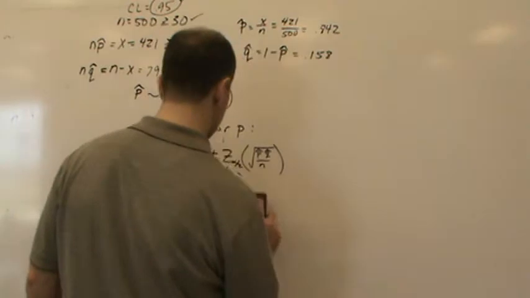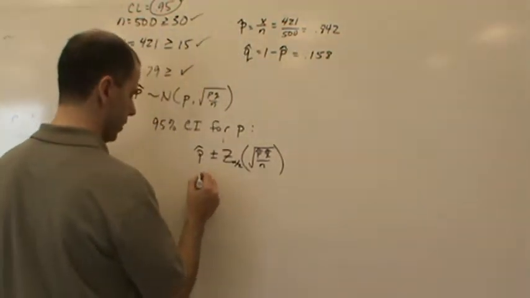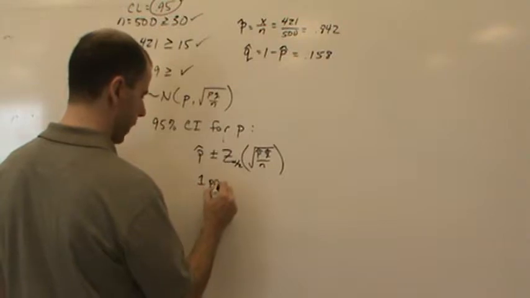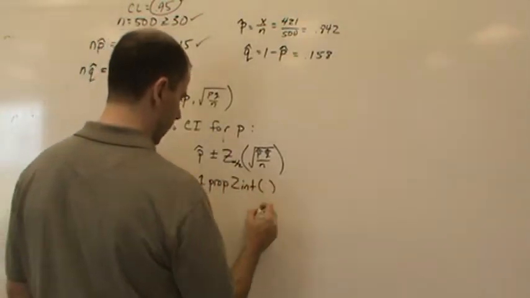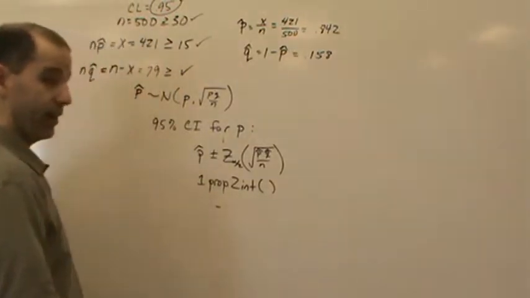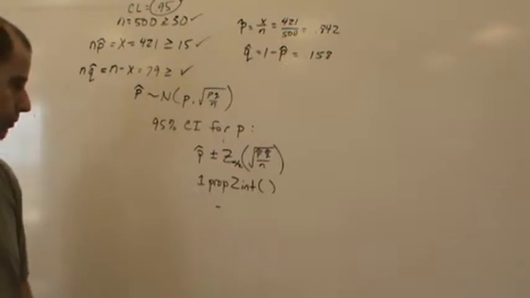So, let's go on. So now, let's use 1-PropZInt. So now, the things that you need to put into the calculator are 3 things.